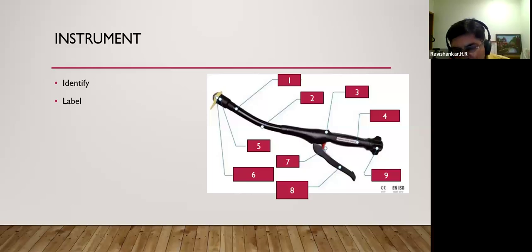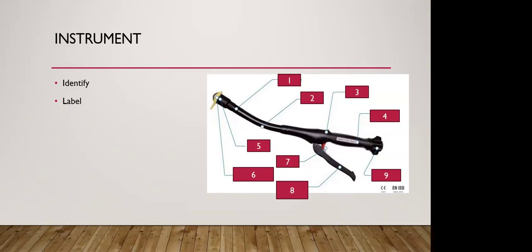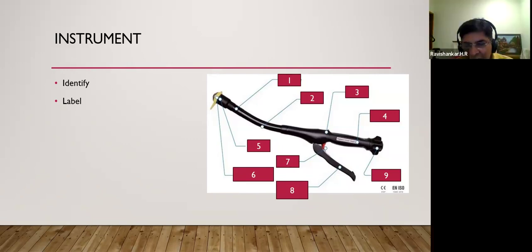When will you encounter bleeding? Nikitha, when will you encounter bleeding if you use this instrument? If any vessel is involved within the staple line, sir. No, it will staple across the vessel. So why should it bleed?